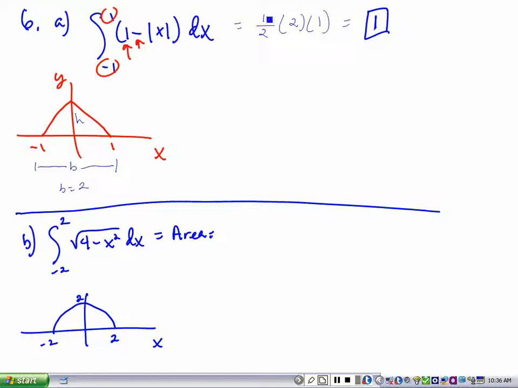This was the area of a triangle. This is the area of a semicircle.